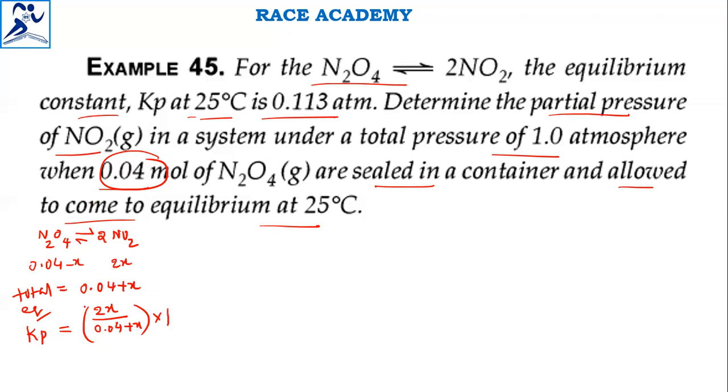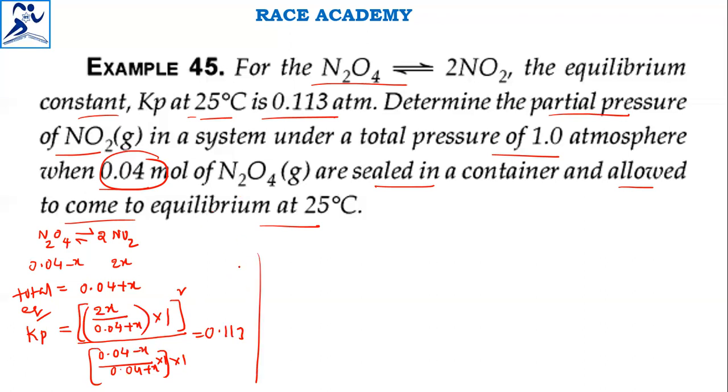This is the partial pressure of NO2 whole power 2 divided by the partial pressure of N2O4, 0.04 minus x by 0.04 plus x into total pressure 1. So this is equal to 0.113 as per the problem.